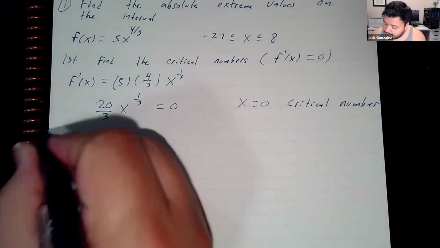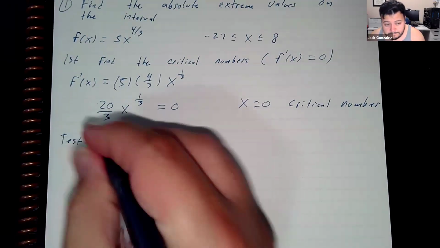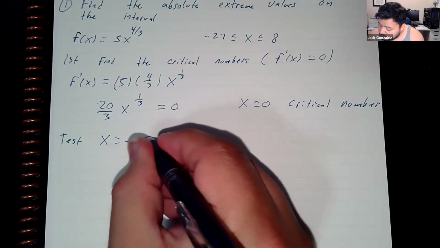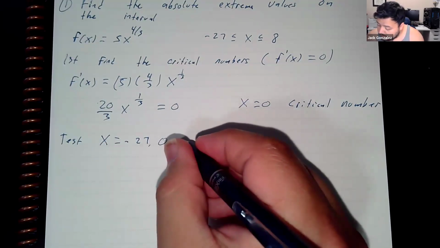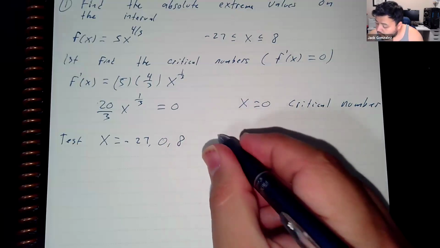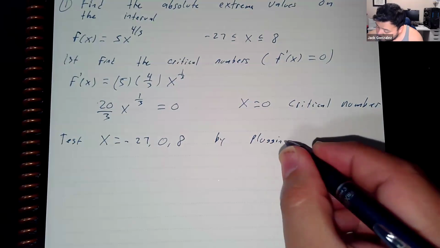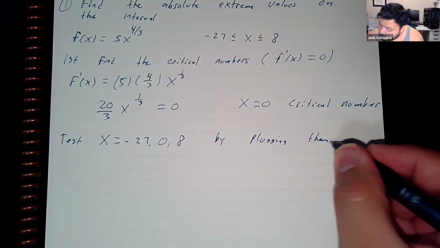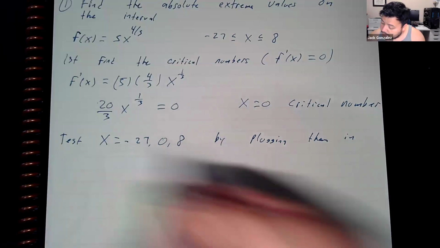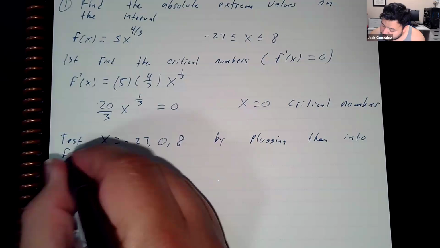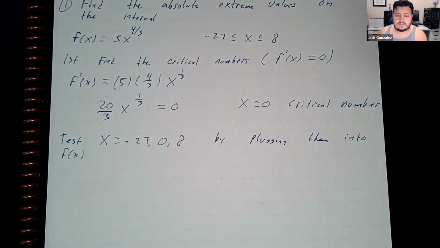Okay, so what we're gonna do is test x equal to negative 27, 0, and 8 by plugging them into f of x, and just see what's the biggest and the smallest.